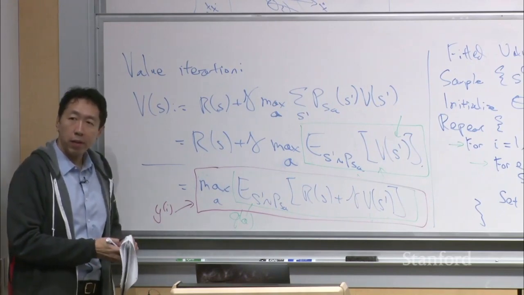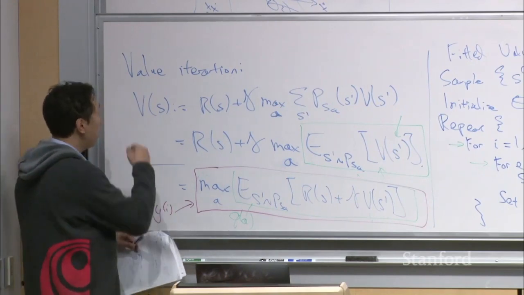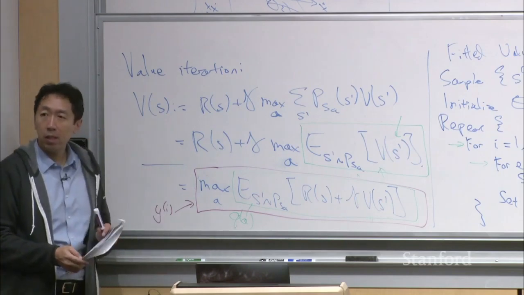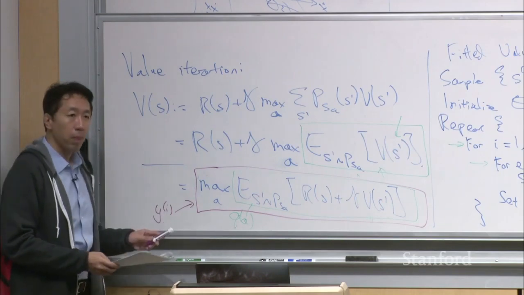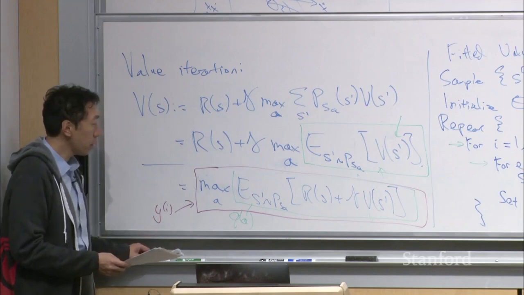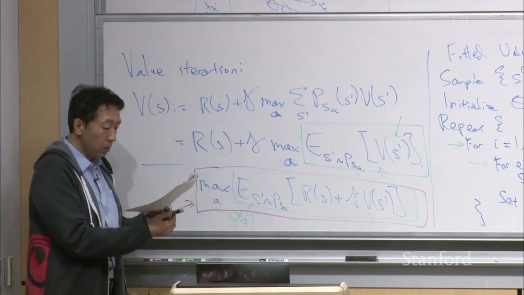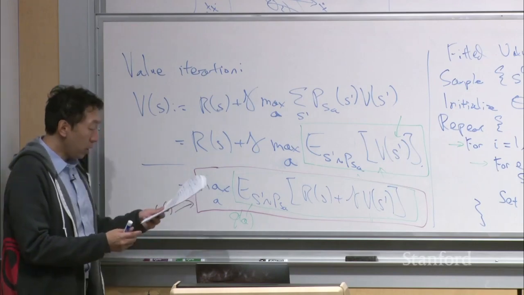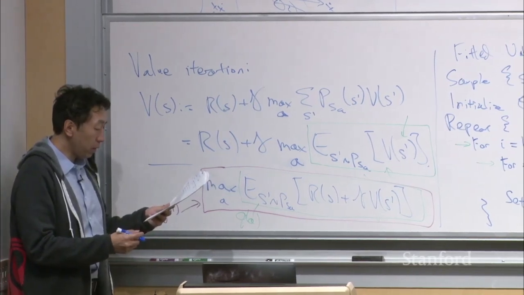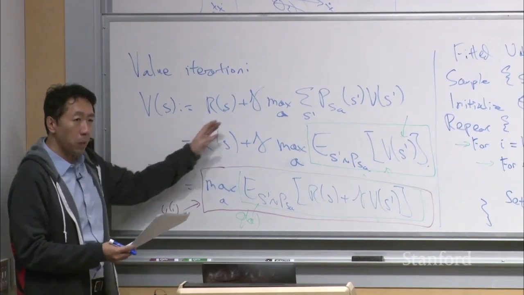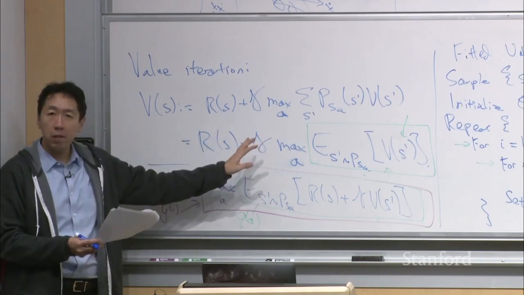It's your estimate of the right-hand side of value iteration. Right? And so yi is your estimate for this quantity, for the right-hand side of value iteration.